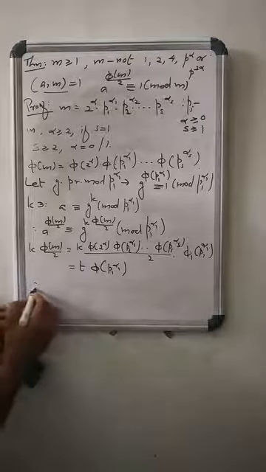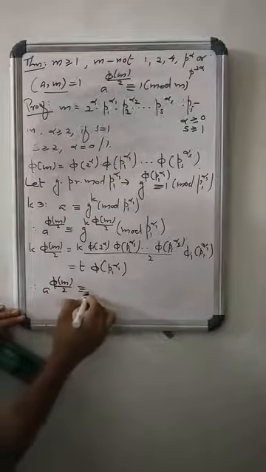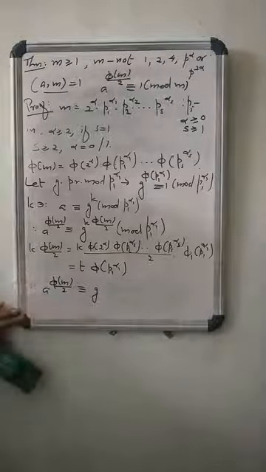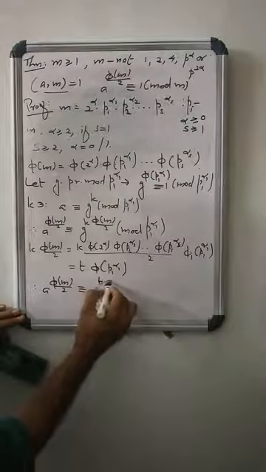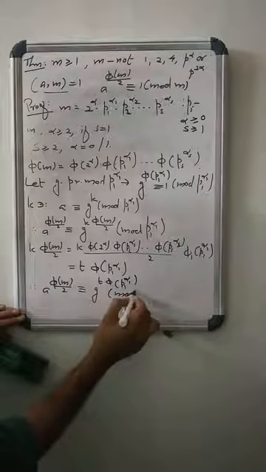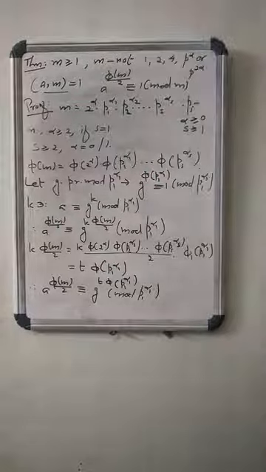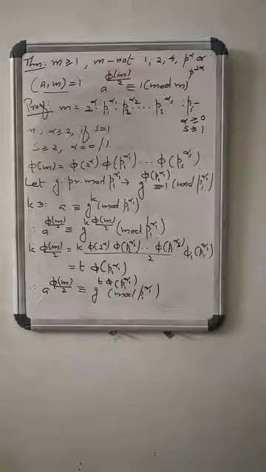Then, therefore, a power phi of m by 2 is congruent to g power, instead of k into phi of m by 2, it is t into phi of p1 power alpha 1 mod p1 power alpha 1.